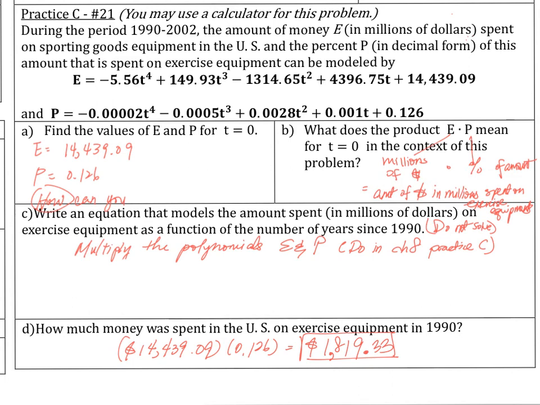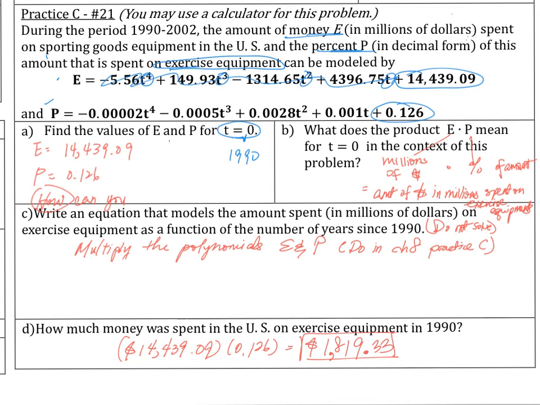Okay, A says find the values of E and P when T equal to 0, meaning when it's 1990. So all I did was take 0 and I plugged it into all of these T's, and of course all of this would cancel out and your final answer would just be 14,439 and 9 cents. And the same would go for the second equation. So my answers for E and P are here.